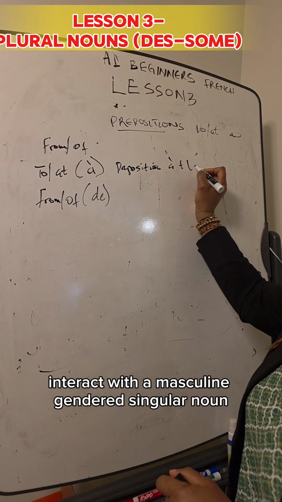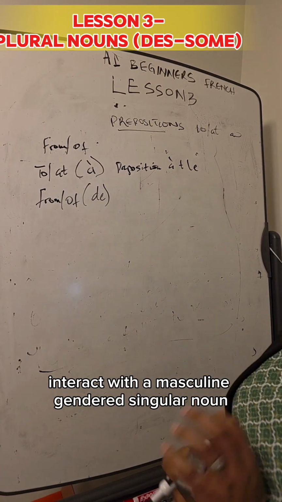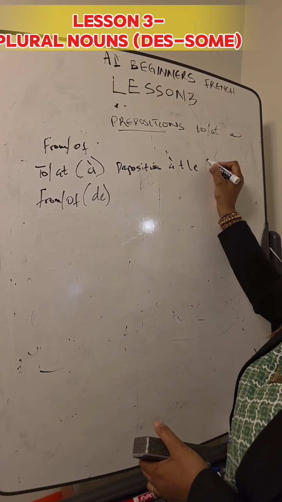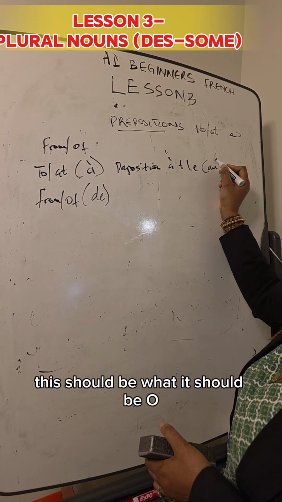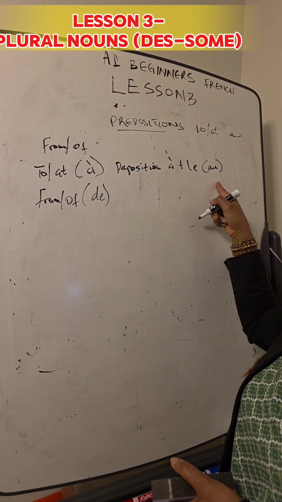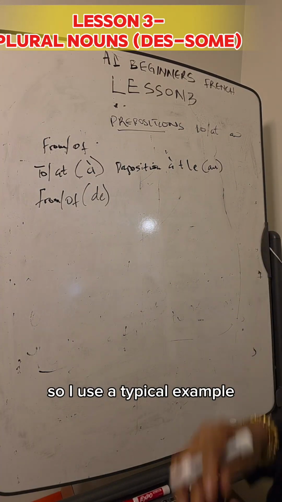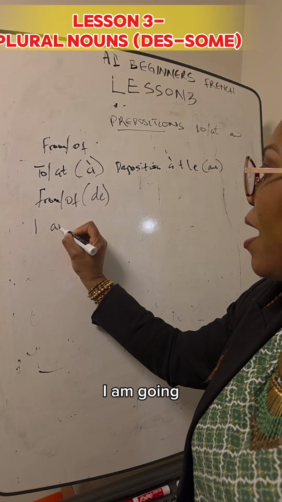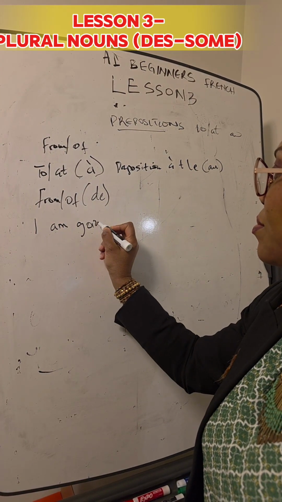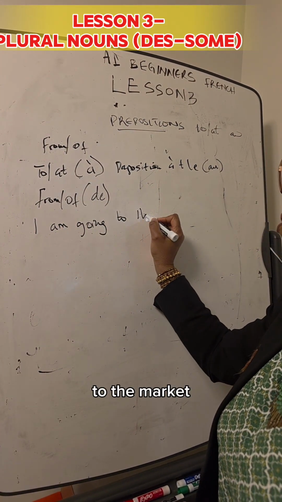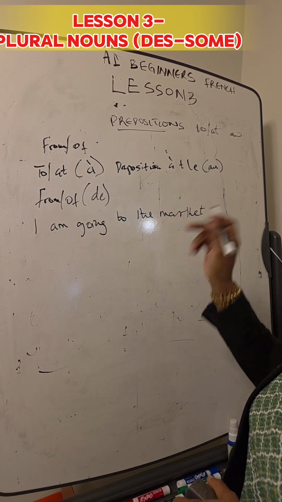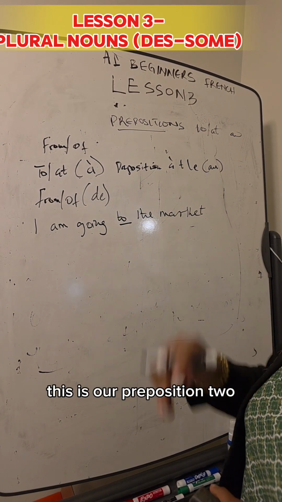So in French, when the preposition à interacts with a masculine gendered singular noun, French language says this should be what it should be. So I use a typical example: I am going to the market. This is our preposition to.